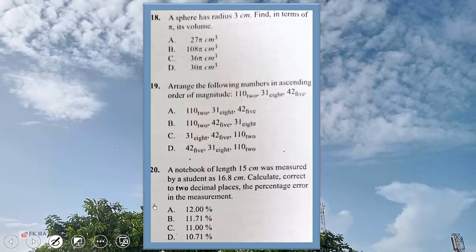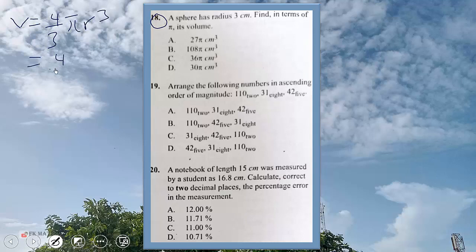Let's look at question number 18. We're told that a sphere has radius 3 centimeters. We have to find its volume in terms of pi. Volume of a sphere is equal to 4/3 times pi r cubed.